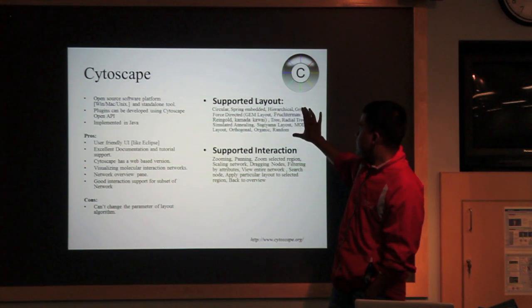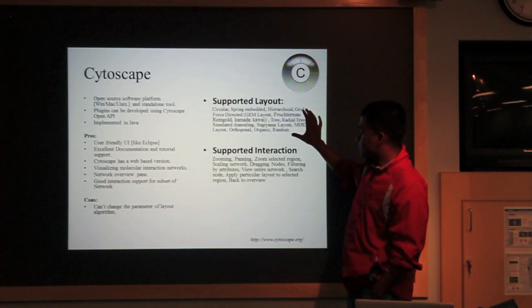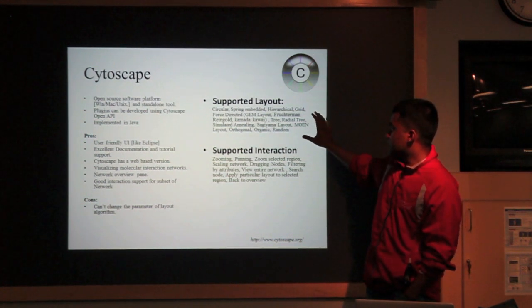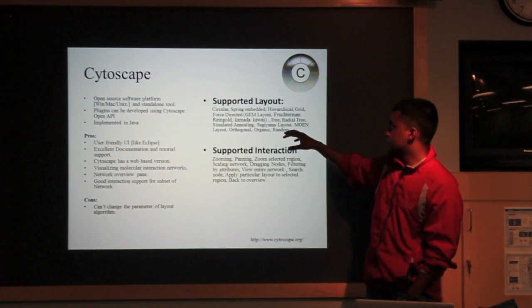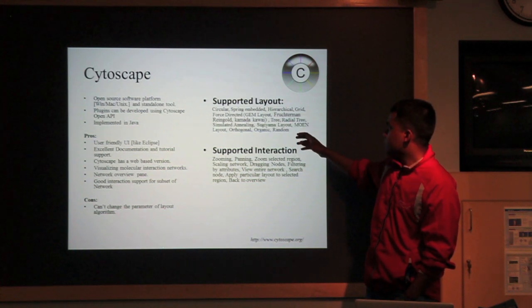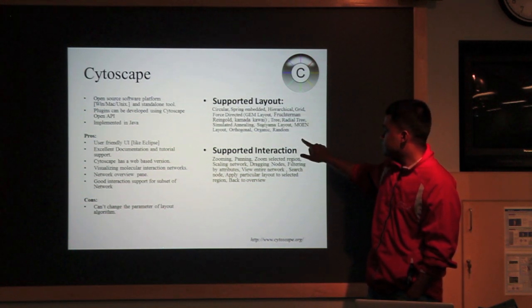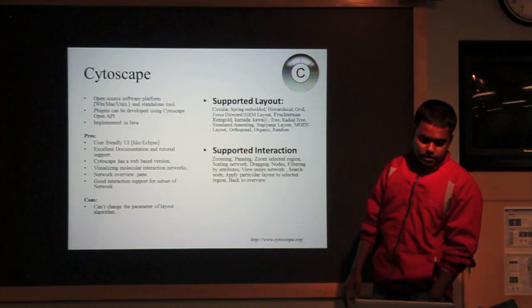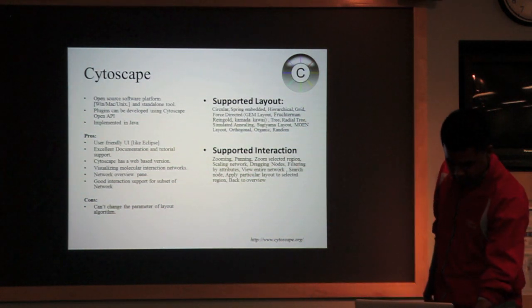It supports almost all the major layouts, and it combines them from different APIs like JGraph and other APIs. It combines them in this tool, and you can find a lot more layouts in this tool. And it supports almost all the interactions. It's a very complete tool, I'd say. I'll show you.